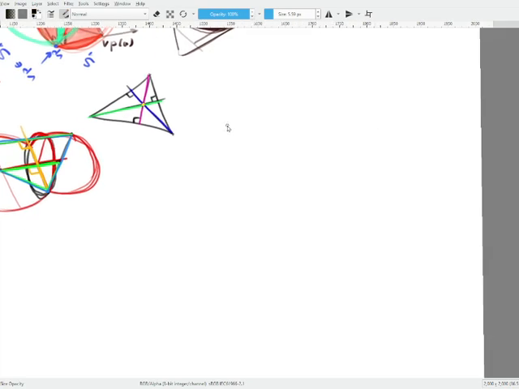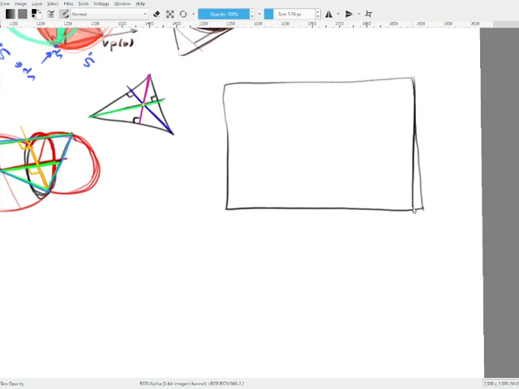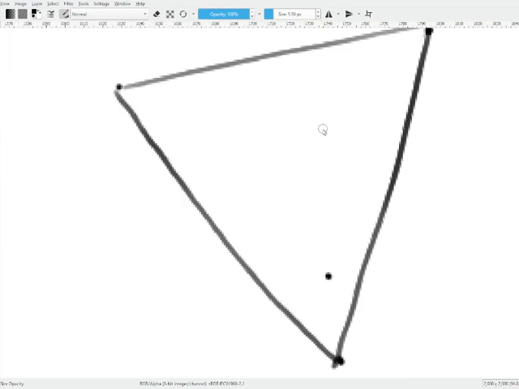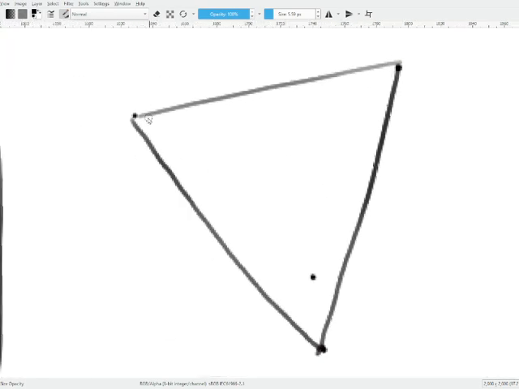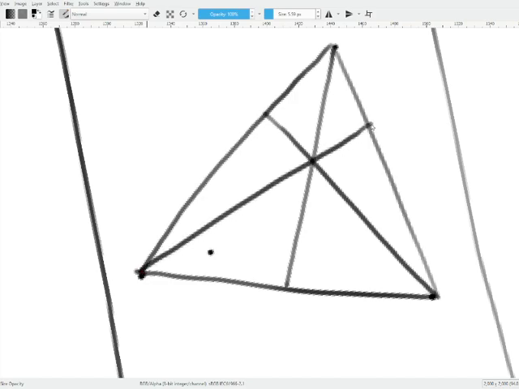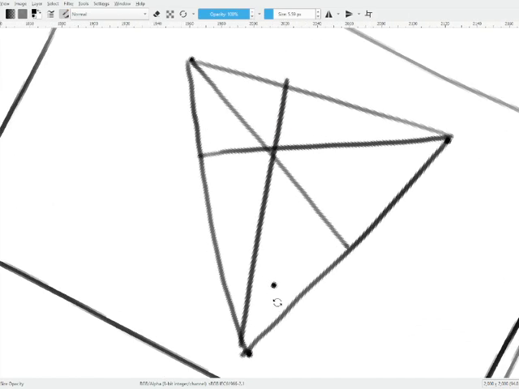If we have a page and we drew some vanishing points for our picture, let's draw them like this to be more generic. So we can find the viewing direction by intersecting all the heights of our triangle.